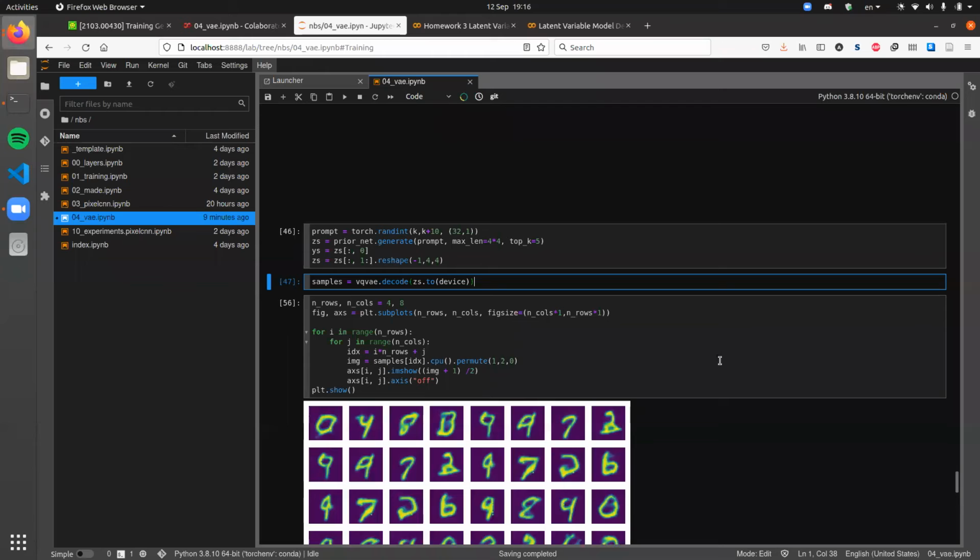But in this case, we do not have any data compression, and therefore we do not have any generalization, right?